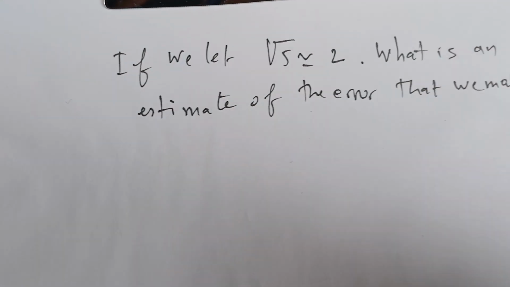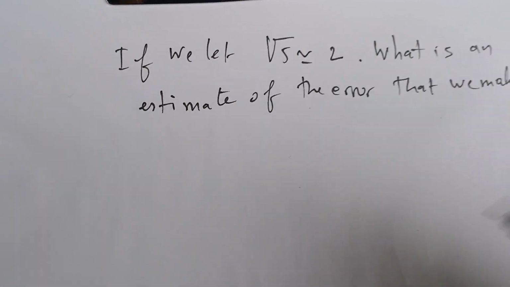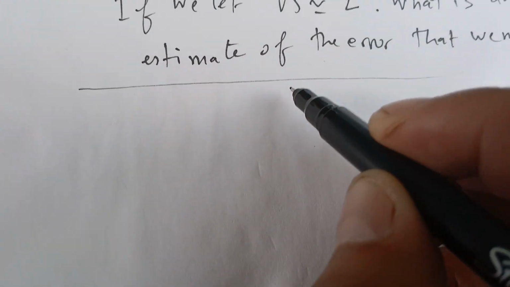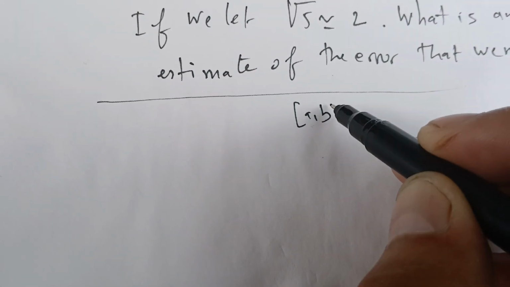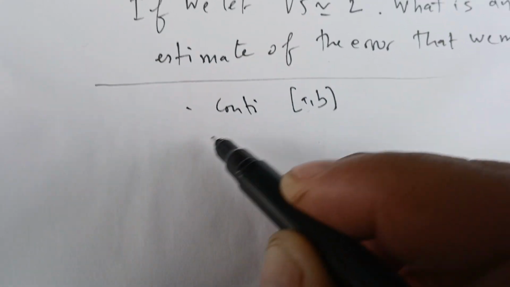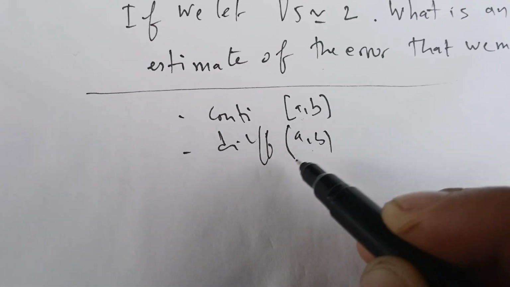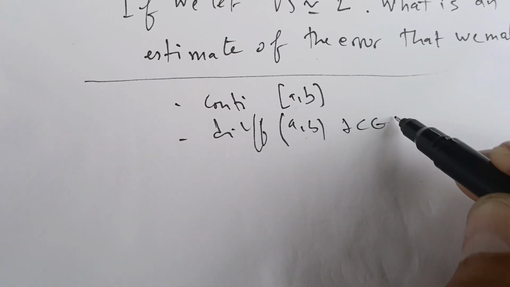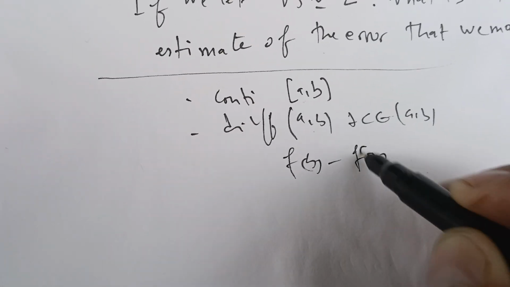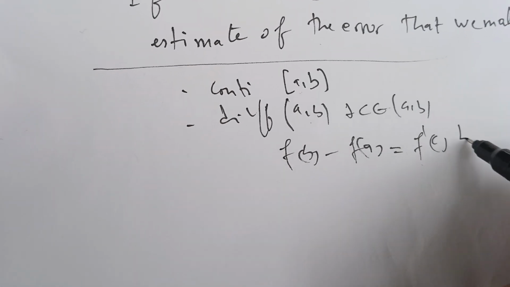We assume that f is differentiable on some interval, let's say on some interval AB, continuous on AB, that's the first condition, differentiable on the open interval AB, and there exists some C in this AB such that f of B minus f of A is equal to f prime of C times B minus A.